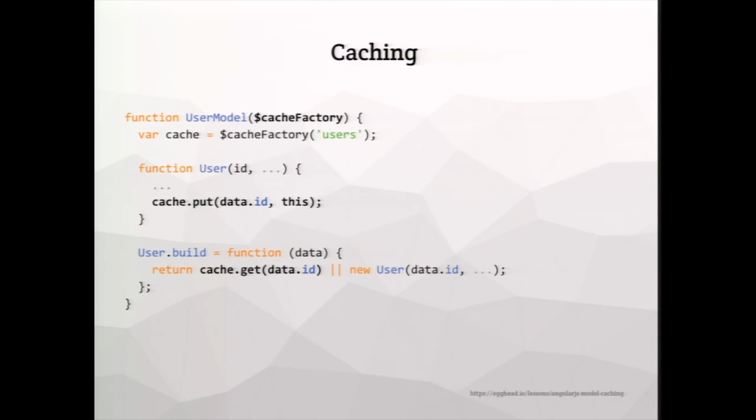When I create a user in the constructor, I build it and then I put the user into my cache with its ID as the cache key. And then if I call the build factory method, first I try to get that user from the cache based on its ID. And if it doesn't exist, only then I will create a new user.